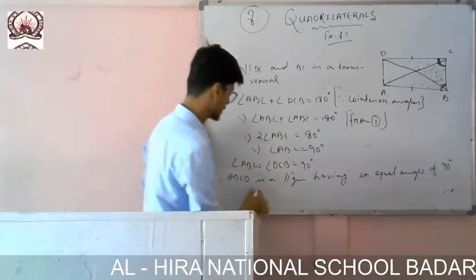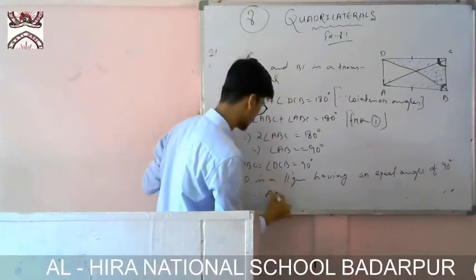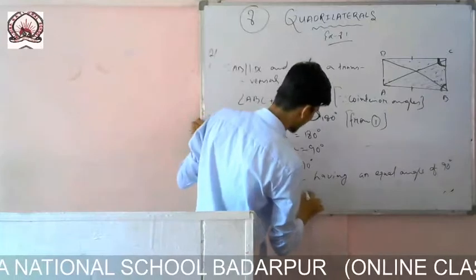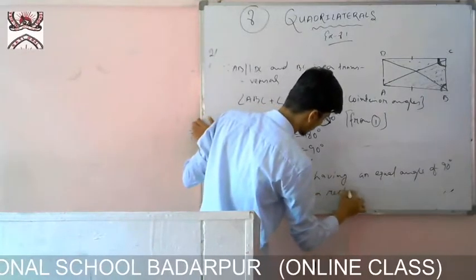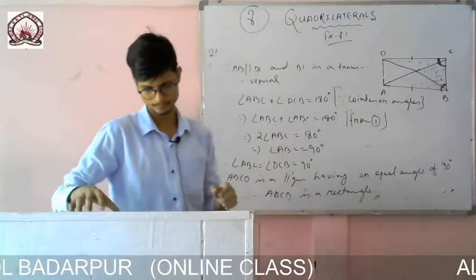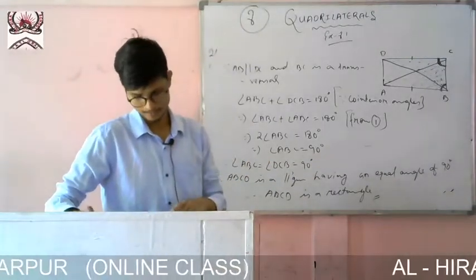So therefore ABCD is a rectangle. If in a parallelogram each angle measures 90 degrees, then ABCD is a rectangle.